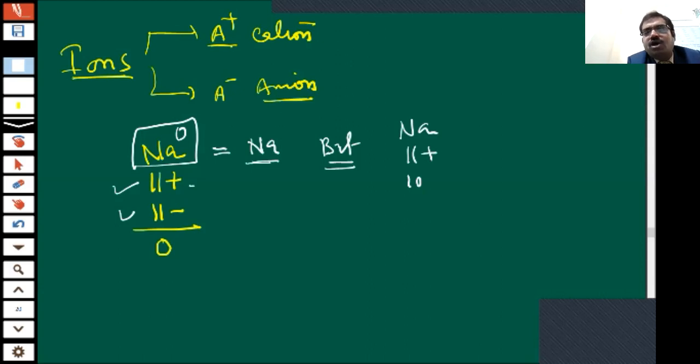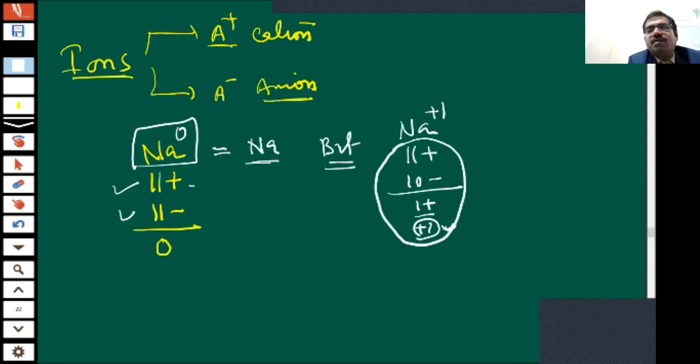But one electron is lost, then it will become 10 minus. So what will be the net charge? Net charge will be 1 plus or plus 1. That net charge we have to write over here. No need to write this total history, but this charge should be written. So cation is formed when there is loss of electron.